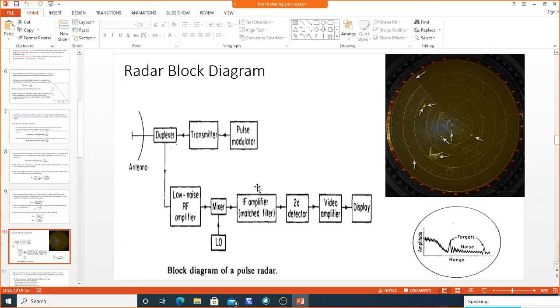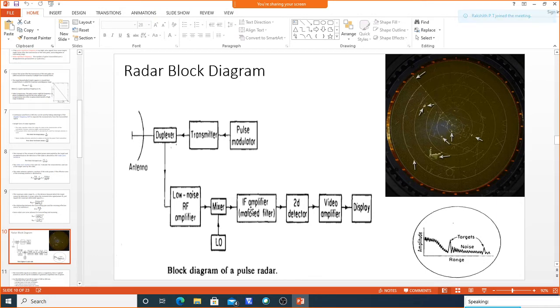Now this IF amplifier, we need to design it as a matched filter, so that we can extract the phase information as well as the magnitude spectrum. We need to design this IF amplifier in such a way that the magnitude spectrum should be equal to the matched filter.